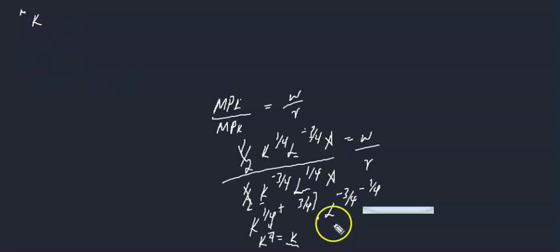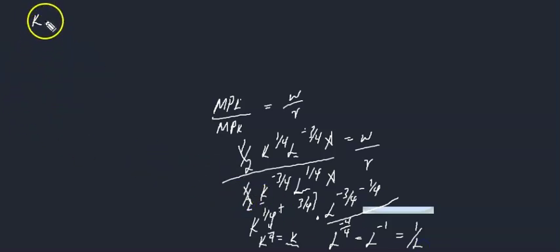Then coming to this term here, we will have L. Then we can have the common denominator, which is 4. Then this negative minus that, it will be negative 4. Then this L will be just raised to negative 1, which is just equal to 1 over L. So this will be multiplied by 1 over L is equal to W over R like that.